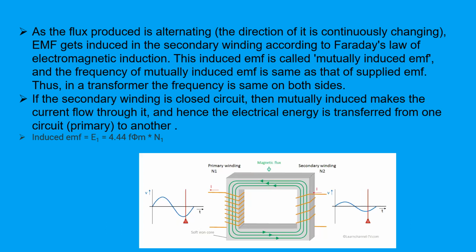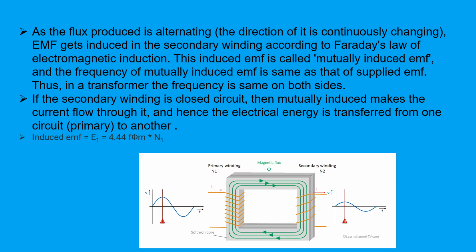When alternating current or alternating voltage is supplied to the primary winding, an alternating flux is created. That flux will take a common link, that is the core, to transfer its magnetic flux to the secondary winding. This will induce an EMF in the primary winding, called E1. The same flux mutually induces an EMF in the secondary winding, called E2.